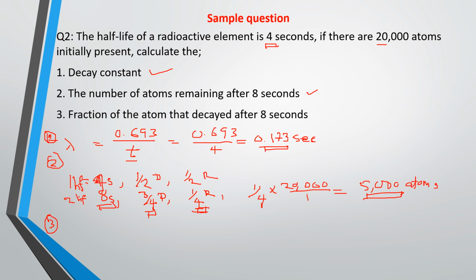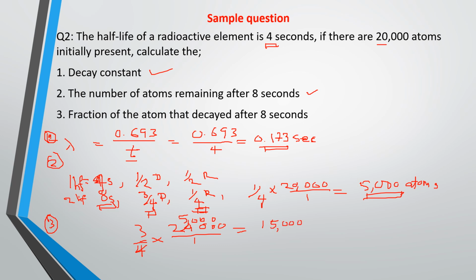So you do just 3/4 times 20,000. If you work this out, 1/4 of 20,000 gives you 5,000, so 5,000 times 3 is equal to 15,000.